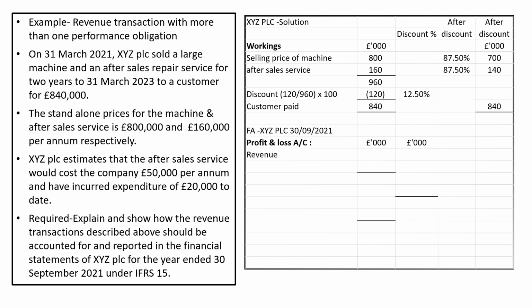Start with the profit and loss account. The revenue is 700. The after-sales service for 6 months, which is 140 divided by 4, gives us 35. And for the year to 30th of September 2021, it's 735,000. The cost of sales is what the company has spent so far to date, which is the 20,000.